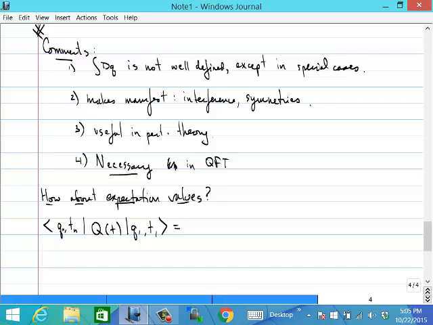Here Q of t, capital Q, is the operator that measures little q, and we want to measure little q at time t. So how do we do this?